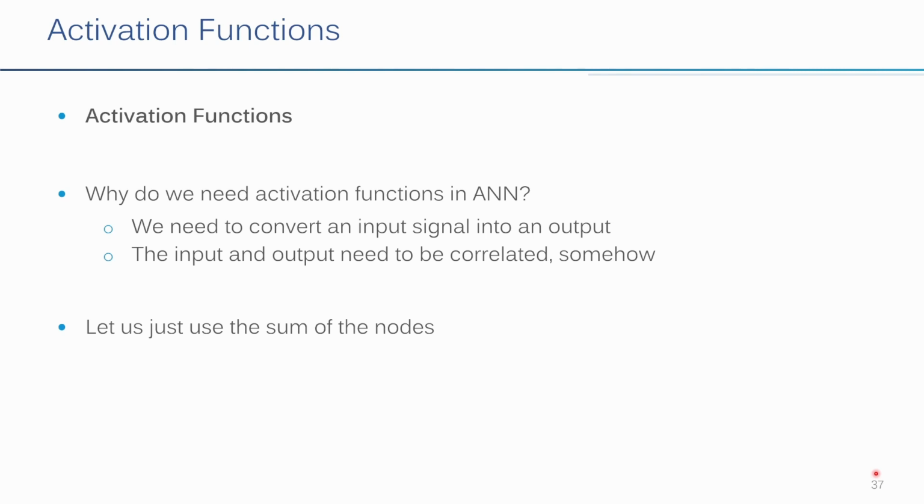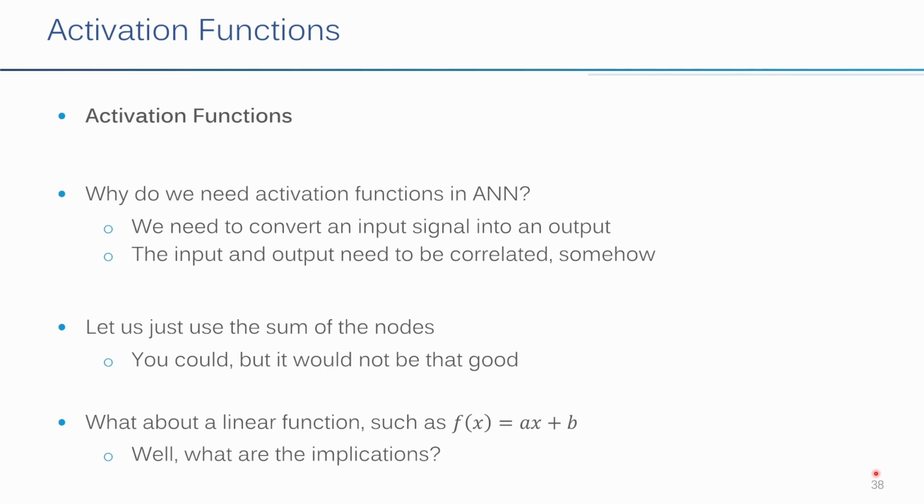And for that, we need some sort of activation function to do this for us. We could use just the sum of the nodes, but of course, that would not be that good, because by summing up all the nodes, we might not find the best relationship between input and output. On the other hand, one might say, what about a linear function such as f of x equals ax plus b?